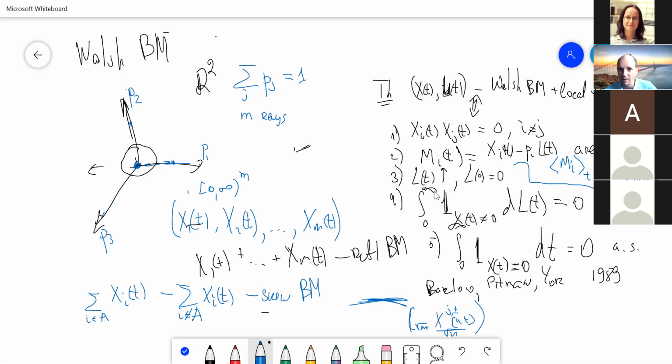If you sum these coordinates, you get reflected Brownian motion. So it is not so difficult to prove that for any limit point, you also have this and this, because if you add coordinates, then you get reflected Brownian motion, and for reflected Brownian motion, you know that it spends zero time at 0, and that its local time is not increasing when the reflected Brownian motion is not in 0.